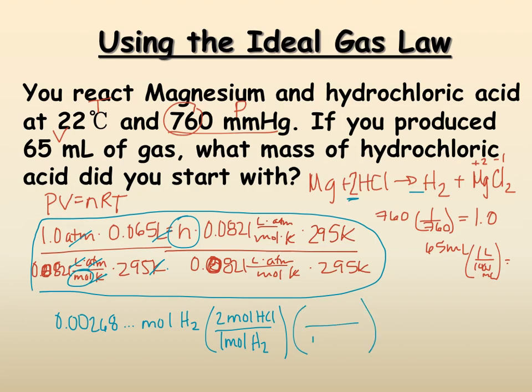And then we have 1 mole hydrochloric acid on the top, and then since I want to find mass, I need to know my molar mass, which is going to be 36.461 grams of hydrochloric acid. And that gives me 0.19 and a bunch of numbers following it, except I need to round up. So to get the correct sig figs, I'd write 0.20 so that I still have sig figs, and that's grams of hydrochloric acid.